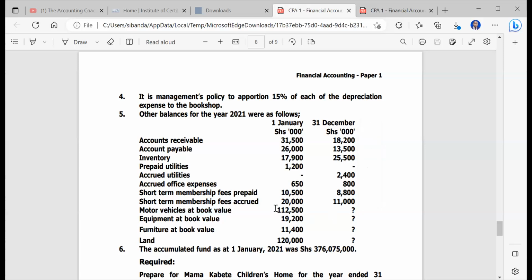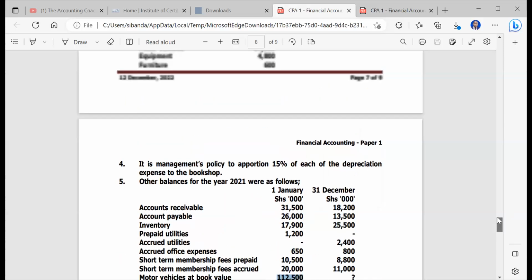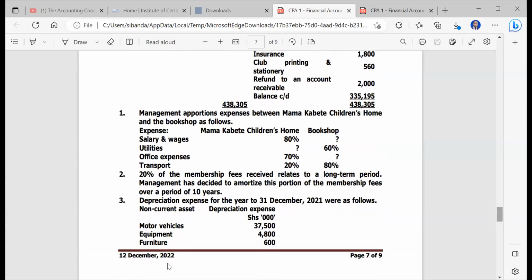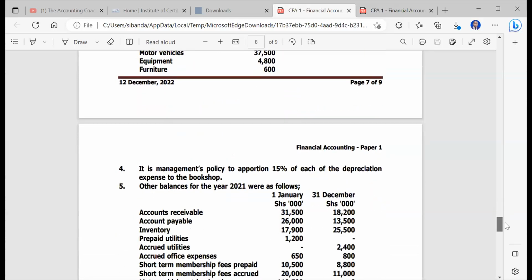It is just basically this value minus the depreciation for the period. Which depreciation did they give us? They gave us this information. They have told us that motor vehicle depreciated 37,500 for the period ending 31st December 2021. So you can easily capture that.